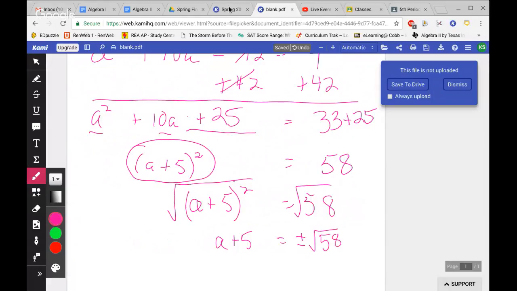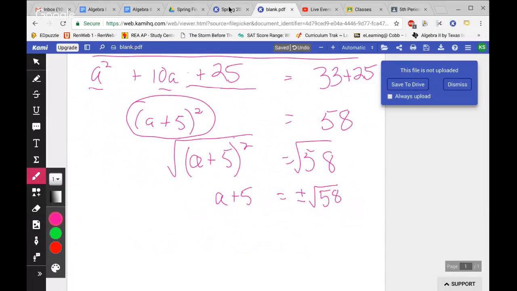All right, now we'll go through some divisibility checks and factor. I know that 58 is not a perfect square, but I am going to try to factor it. I think both of you are factor tree people, so I'm going to do this.